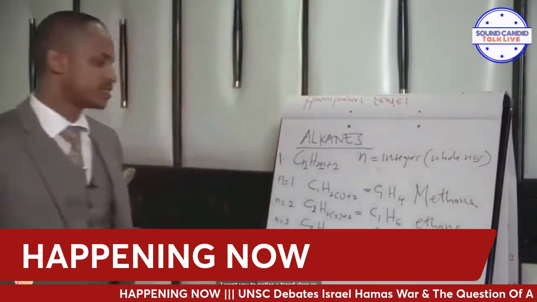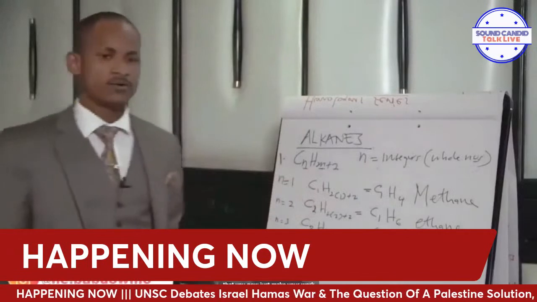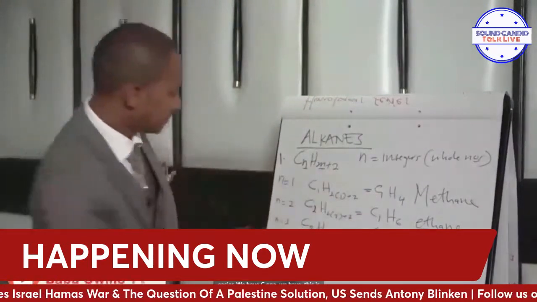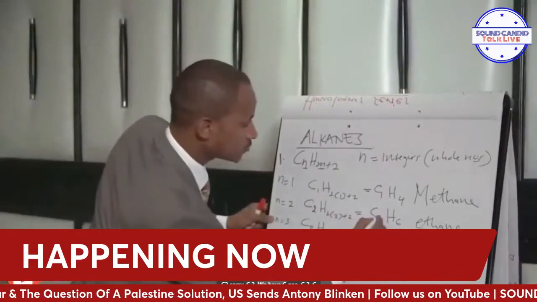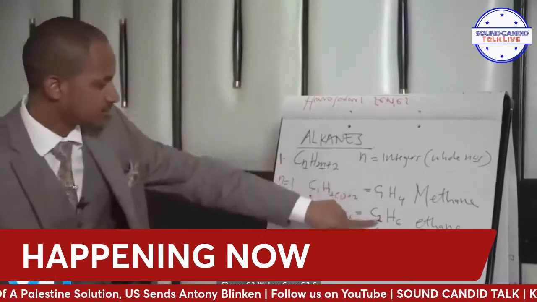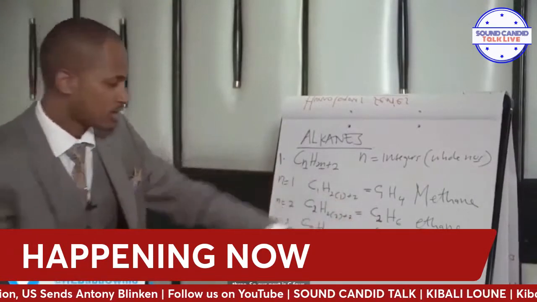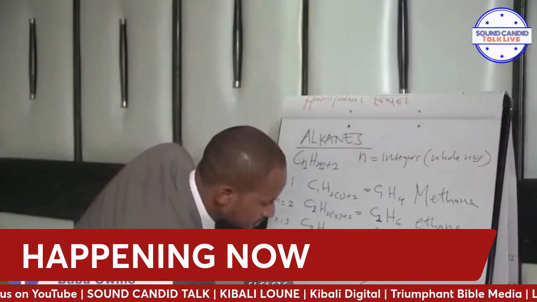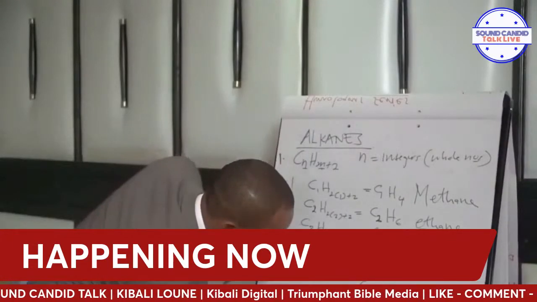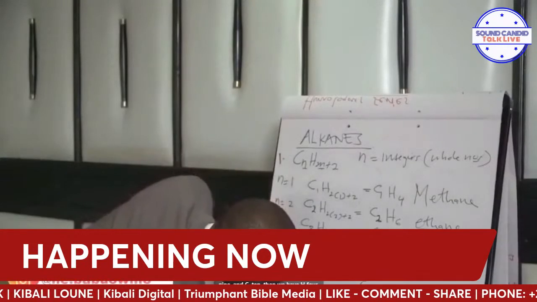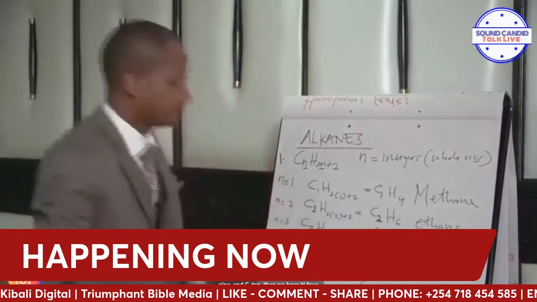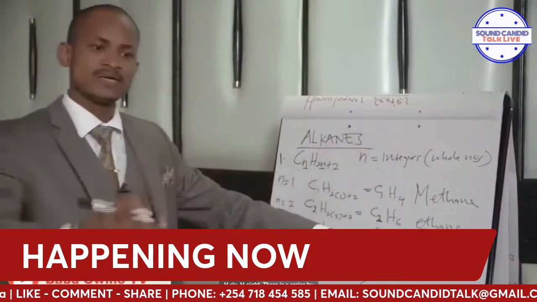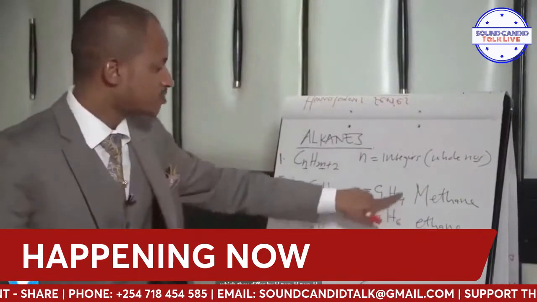I want you to notice a trend, class, so that you make your work easier. We have C1, C2, C3, then C4, C5, C6, C7, C8, C9, and C10. Then we have H4, H6, H8, a series in which they differ by H2.